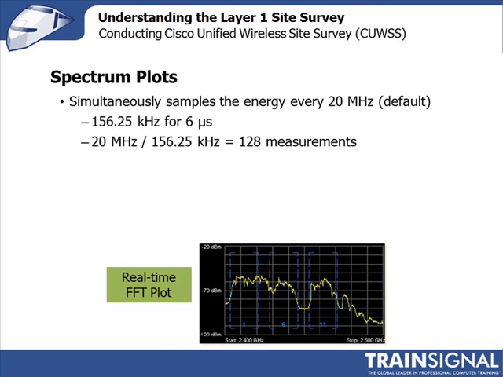So the way the Cisco Spectrum Expert sensor card, the physical card, the ASIC itself works, is it will take a 20 megahertz channel and break it into 128 smaller sub-channels, each of which is 156.25 kilohertz wide, and it will sample that smaller sub-channel for 6 microseconds, meaning that in a 20 megahertz channel you will have 128 samples that have been collected.